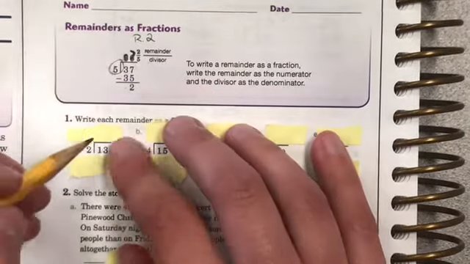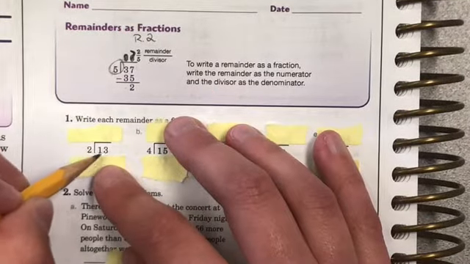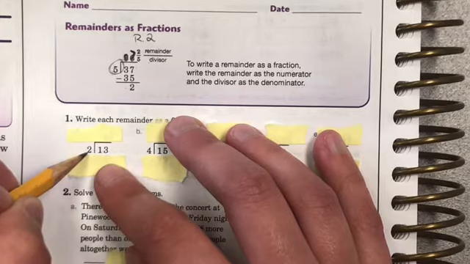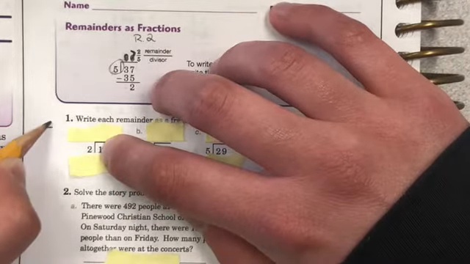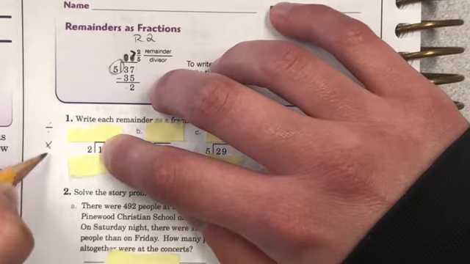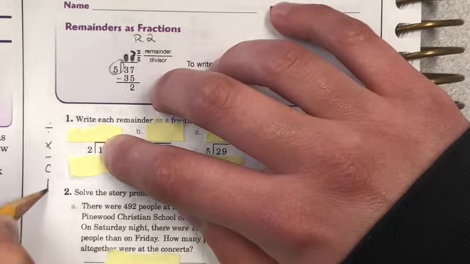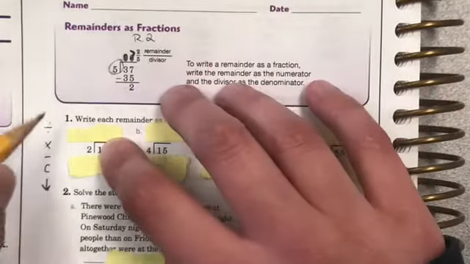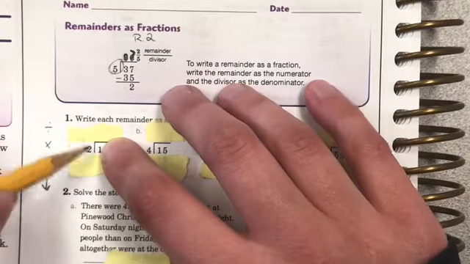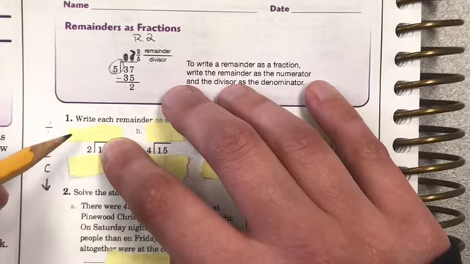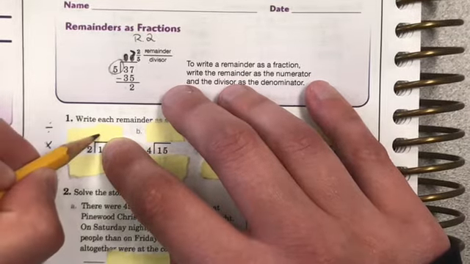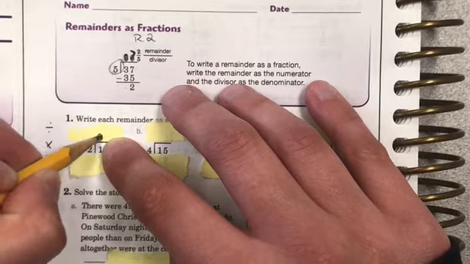So let's work this first problem here in your book. 13 divided by 2. I'm going to start off by writing the steps of division. So we've got divide, multiply, subtract, check, and bring down, just to help us review that. So to start off with, I need to divide. So I ask myself, with this 1, how many groups of 2 can I make with 1? Obviously, I can make 0 groups of 2, so I'm going to write a 0 up here.